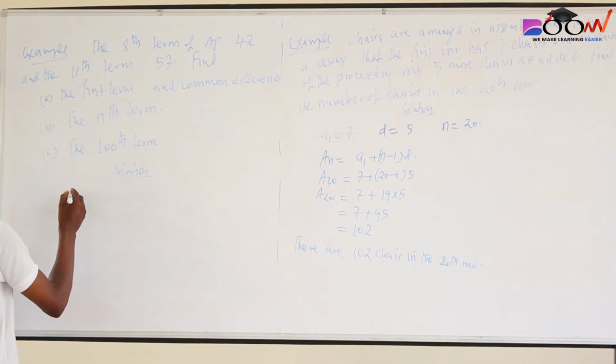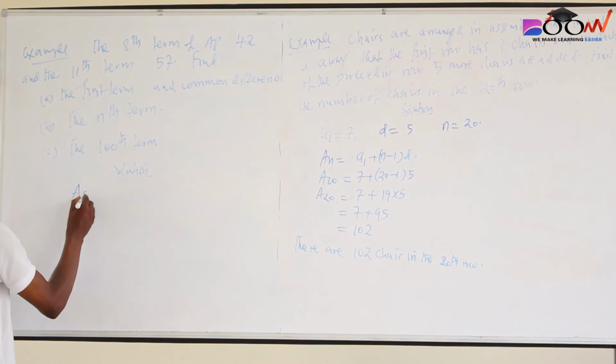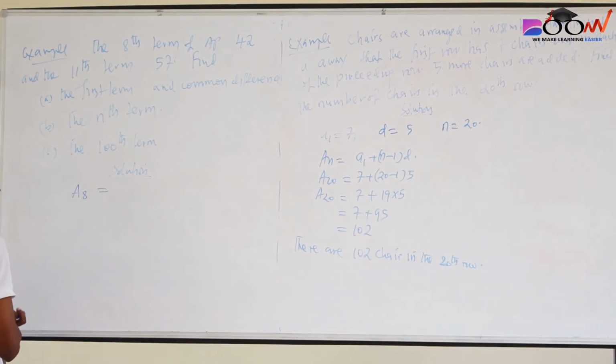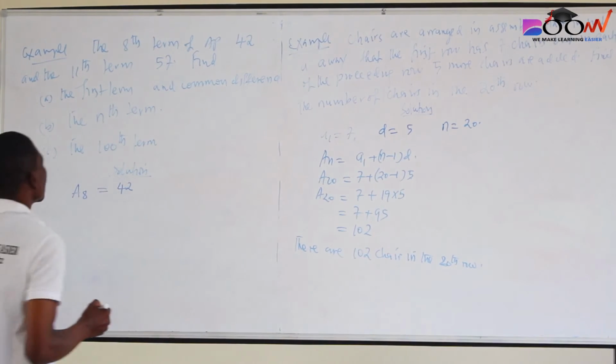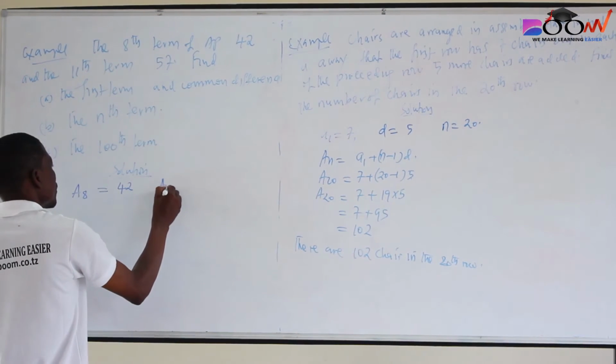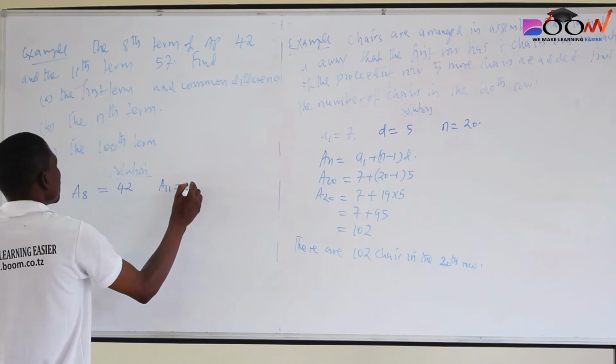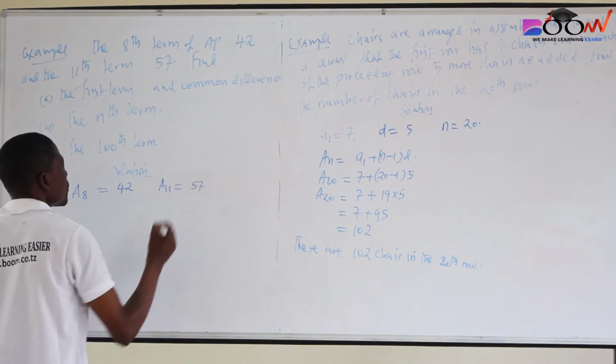You know that you have been given A18, the 18th term is 42, and the 11th term is 57.